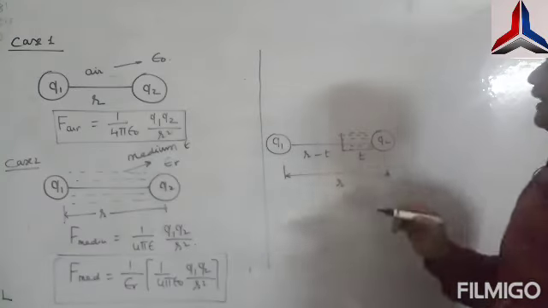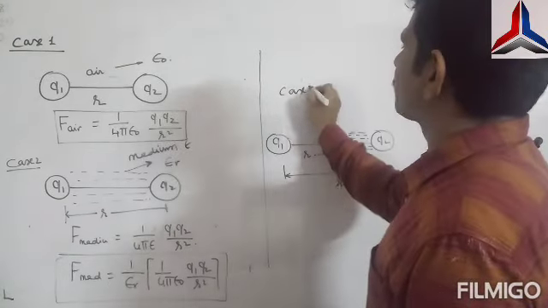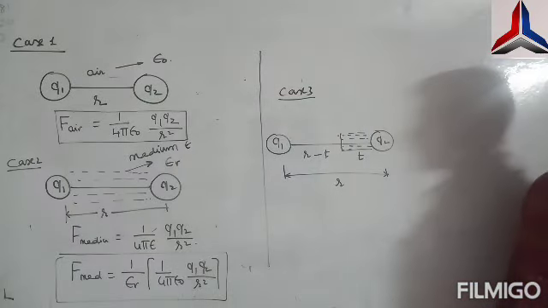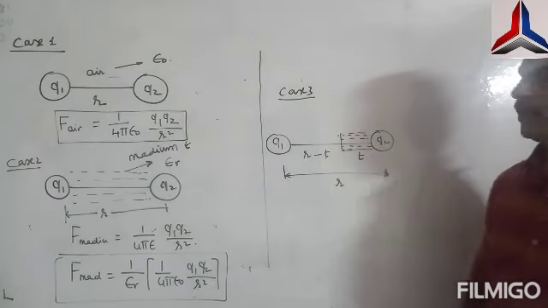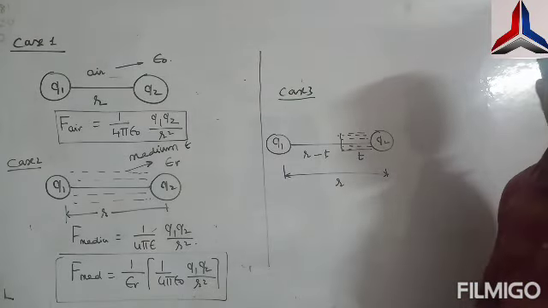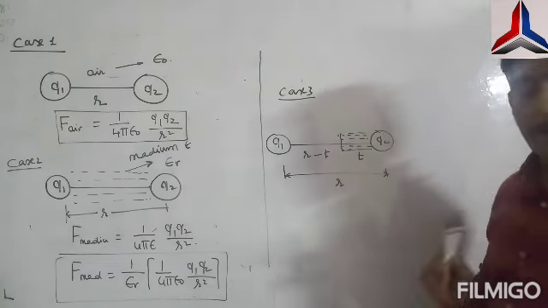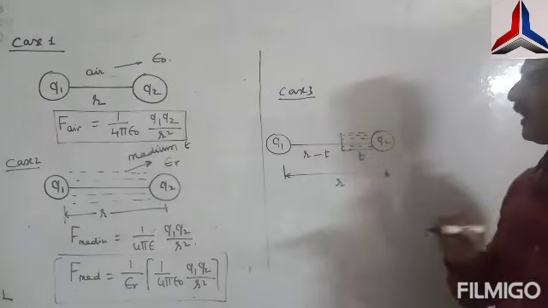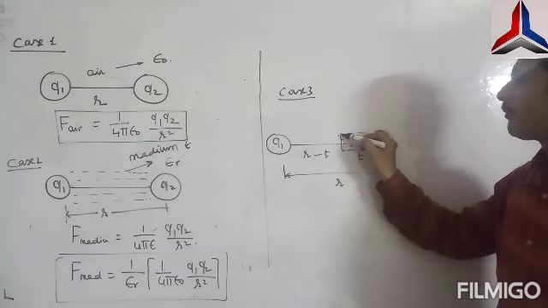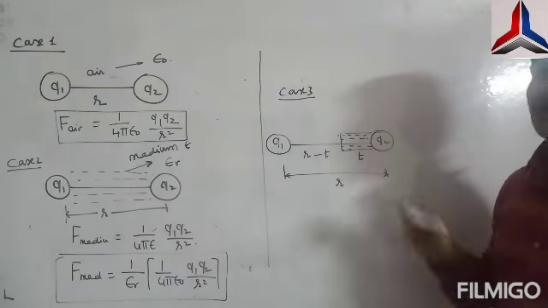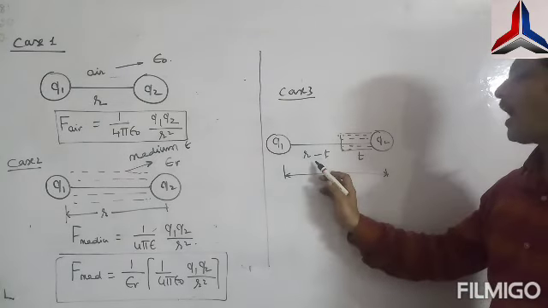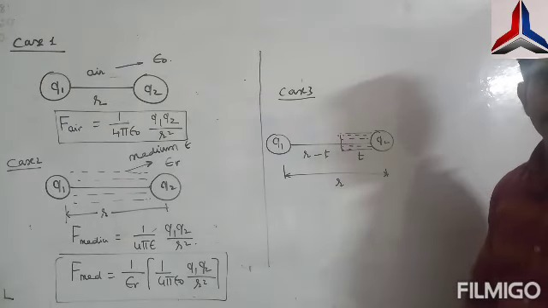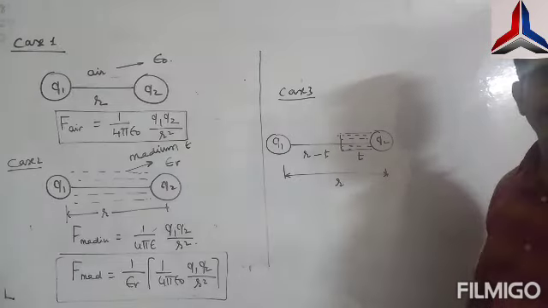But the third case, case 3, is different. What is the third case? If these two charges are separated by distance r as usual, but out of the total distance r, a distance is filled with the medium of thickness t. So r minus t distance is with the air, t distance with the medium.